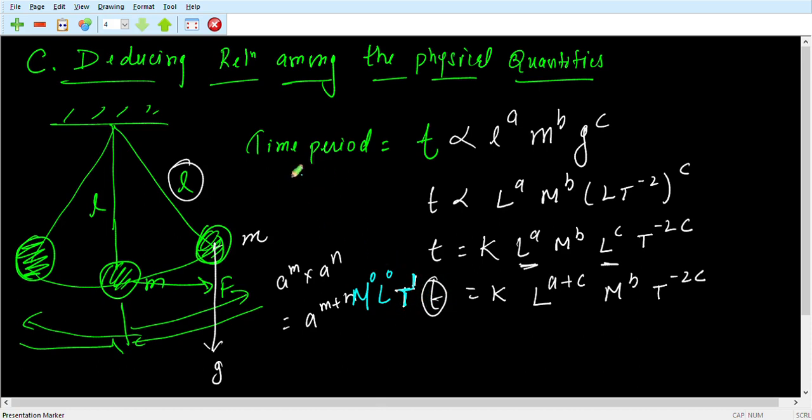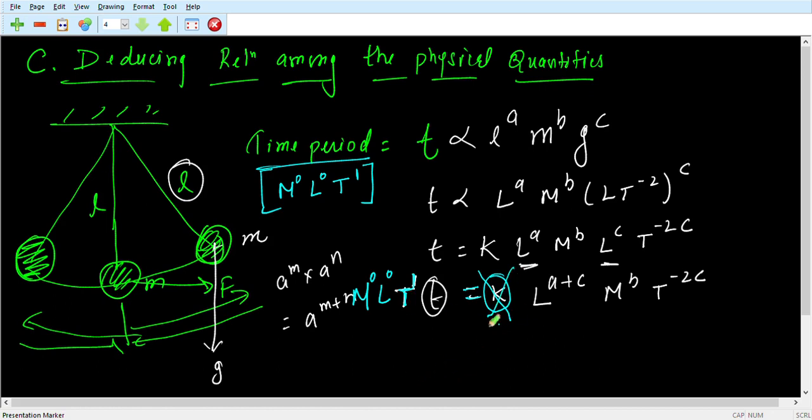So the dimensional formula of time is M to the power 0, L to the power 0 and T to the power 1. Why am I writing this expression? So that I can compare the left hand side and right hand side, because on the right hand side the other value, the constant K, is not going to be involved in dimensional analysis.